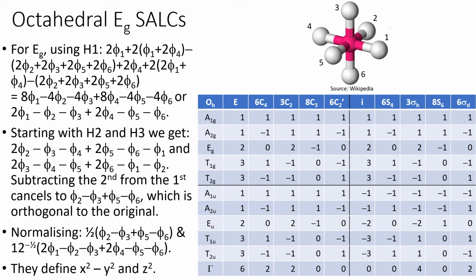So this is quite interesting. When you look at what these represent, one of these is going to be the z squared orbital. So think about dz squared. You can see here that this longer linear combination, which has got 2 phi 1 plus 2 phi 4, well, the 1 and the 4 ligands are opposite each other on a particular axis, which would be like the dz squared axis.